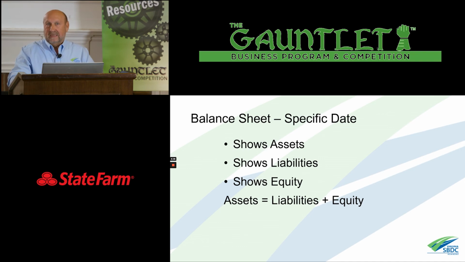It's going to show your liabilities, which are things like your accounts payable and your liabilities to banks, the bank notes, and things like that. And then what's left over is going to be your equity in your company, which is basically what you own. The most important thing to remember is this little formula at the bottom: assets equal liabilities plus equity. Those have to match.